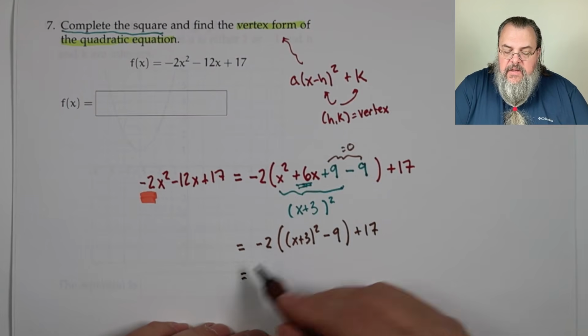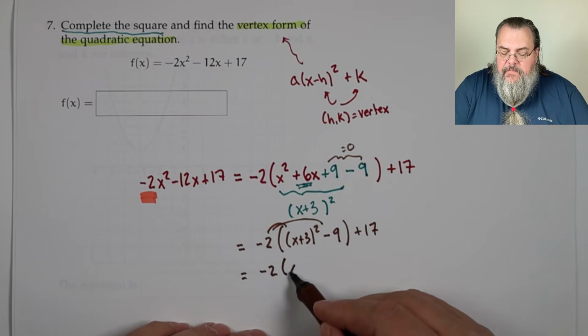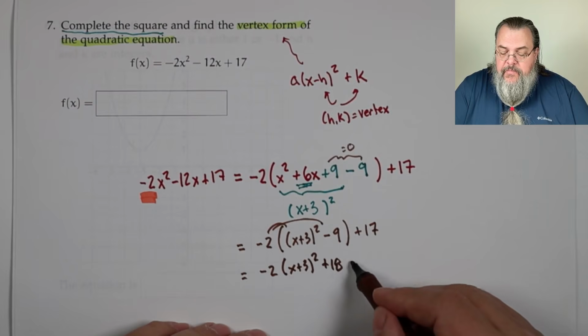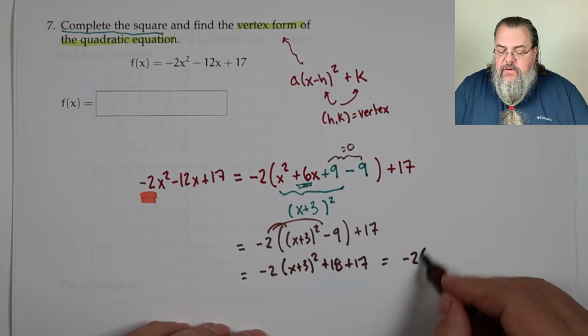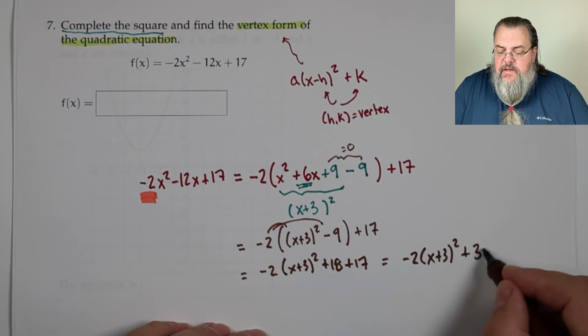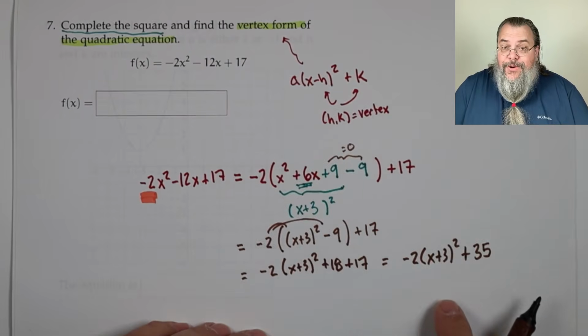which makes it, if you distribute the minus 2 through, minus 2 times x plus 3 squared minus 2 times minus 9 makes a plus 18, then plus 17. So we get minus 2 x plus 3 squared plus 35. So that's the right form.